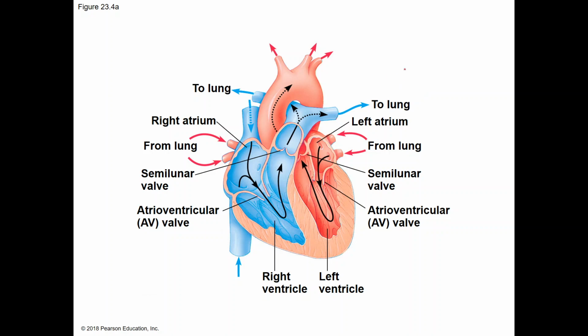And then the blood flowing back from the lungs flows into the heart through the pulmonary veins into the left side. Again, we have another valve that shuts off to keep blood from flowing back out. That blood is pumped into the left ventricle and out into the aorta, to deliver blood back out through the systemic circulatory system.